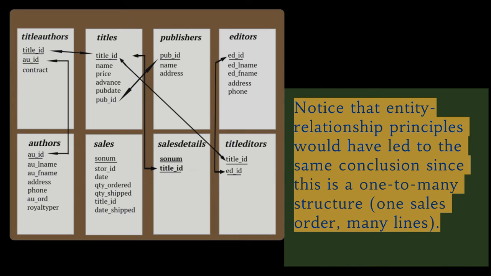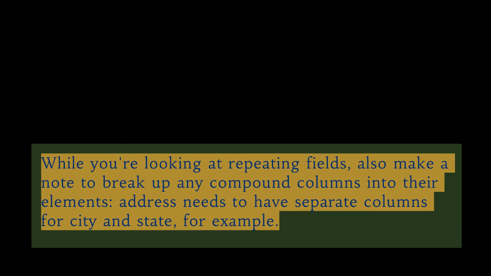Notice that entity relationship principles would have led to the same conclusion, since this is a one-to-many structure: one sales order, many lines. While you're looking at repeating fields, also make a note to break up any compound columns into their elements. Address needs to have separate columns for city and state, for example.